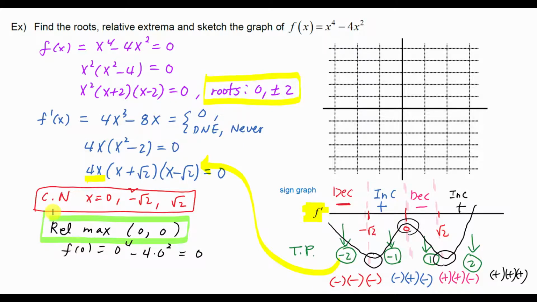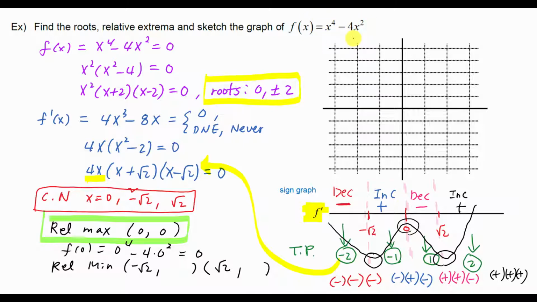And then what's the relative minimum? My relative min happens at, it was happening right here, negative radical 2 comma, and another one happens at positive radical 2 comma. And if you notice, this original function is an even function. Whether you plug in negative x or positive x, you're gonna get the same y value. So actually you can just plug in one of them and they're gonna have the same function value for both negative radical 2 and positive radical 2, because you're gonna have power 4 and power 2, which makes everything positive.